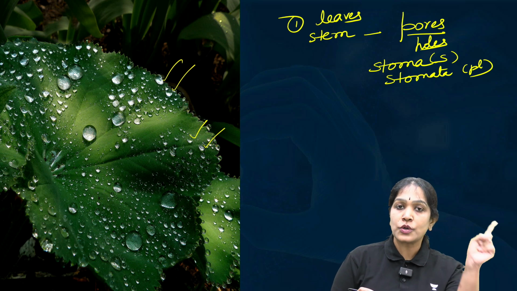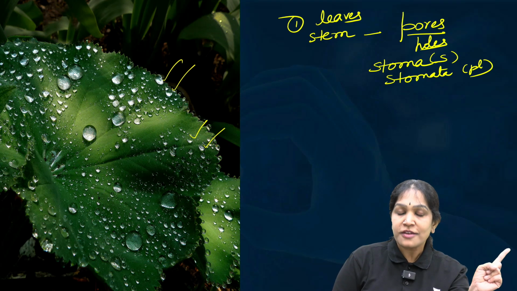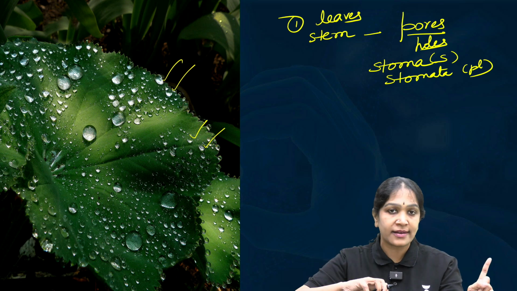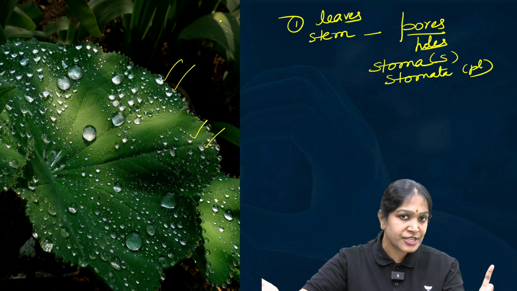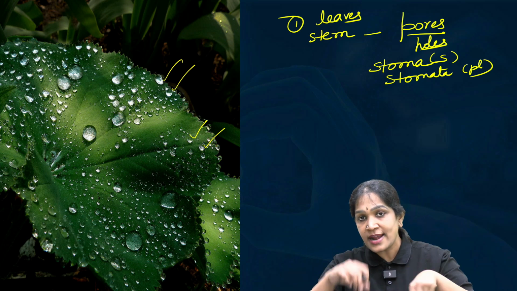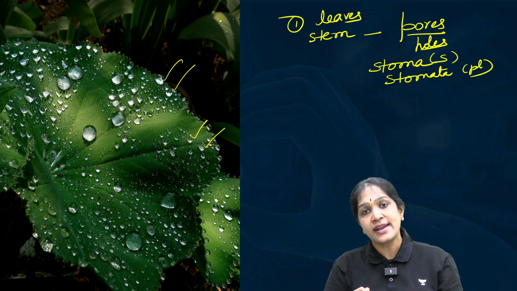Do you remember photosynthesis and respiration? For photosynthesis, the plant should take up the carbon dioxide and release the oxygen. And for respiration, the plant requires oxygen and then releases the carbon dioxide.